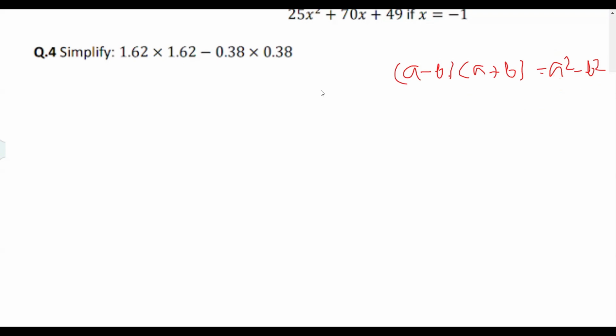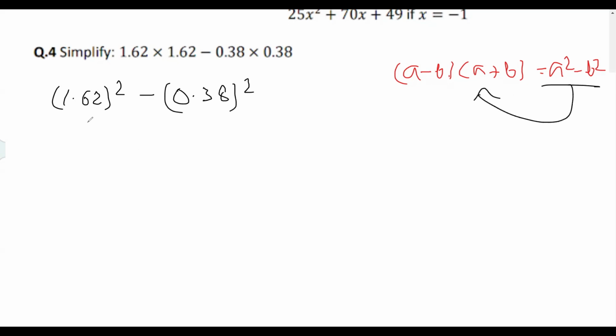So what I can do is write this as 1.62 the whole square, and this I can write as 0.38 whole square. Now you see, what is a square minus b square? a plus b into a minus b.